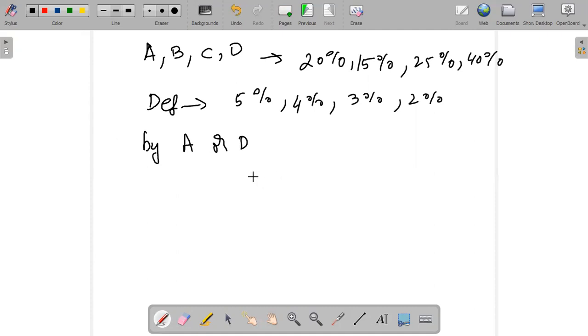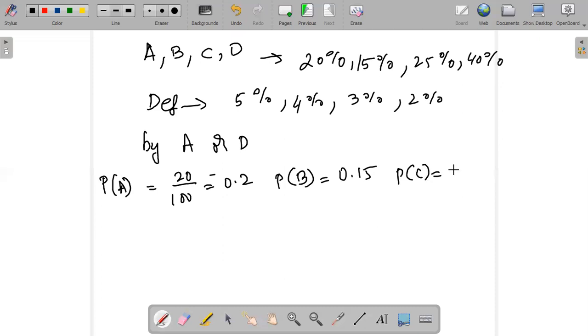Let us quickly write down the values. Probability of A is 0.2, probability of B is 0.15, probability of C is 0.25, and probability of D is 0.4.